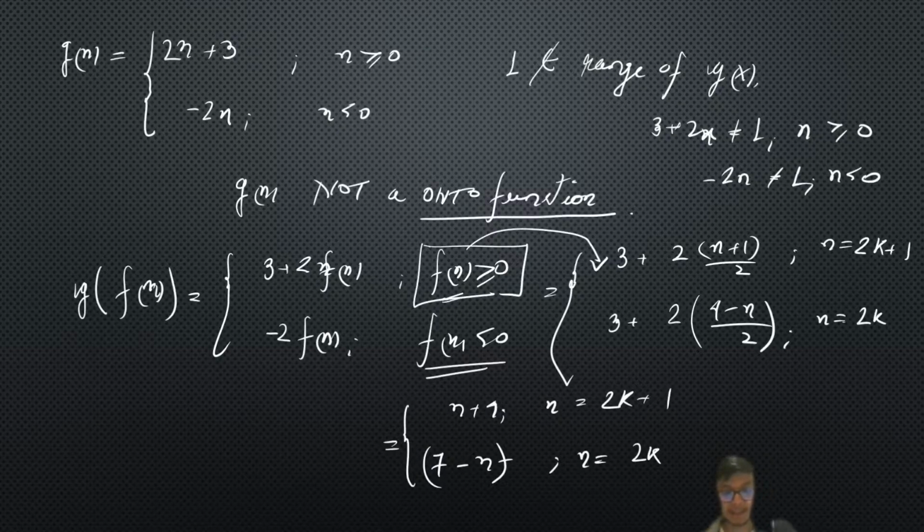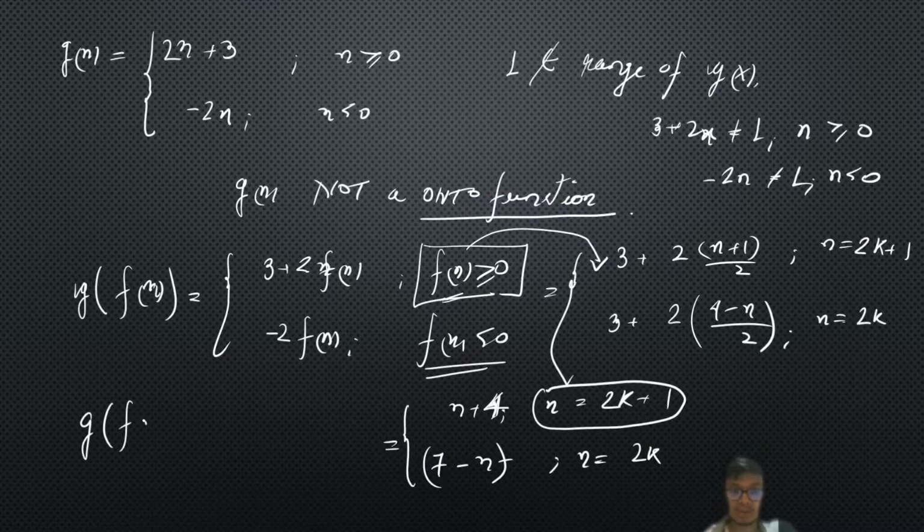So what you can understand is that g of f of n is always odd, because it is coming out as n plus 4 for all odd numbers. If you're adding an even number to an odd number, it is also an odd number. Similarly, when you are subtracting an even number from an odd number, it is also odd.